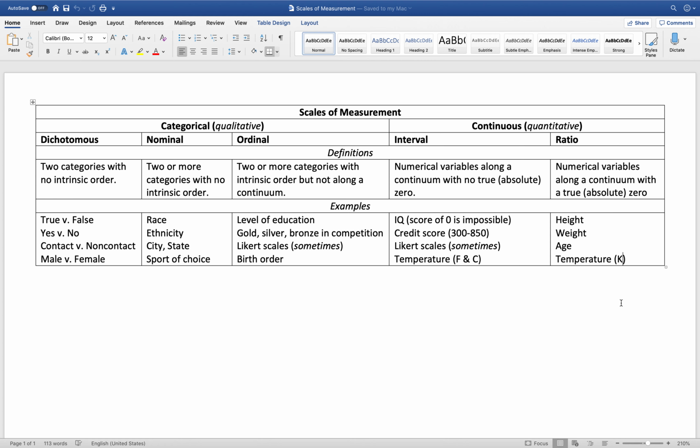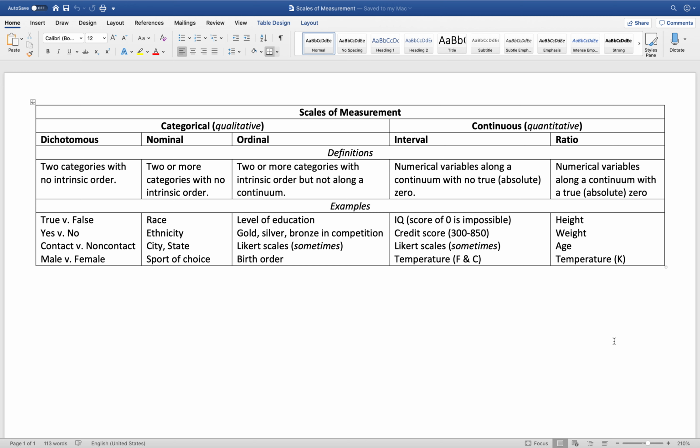So when you're measuring temperature using the Kelvin method of measurement, that particular thermometer, if you will, it is a ratio measure because you cannot have a negative number in Kelvin. When you go from 1 to 2, it's a difference of 1. When you go from 2 to 3, it's a difference of 1.